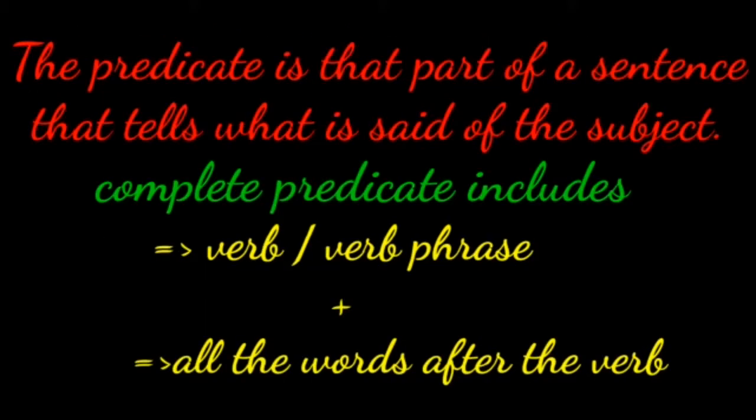Now we are moving to the second part, the predicate. The predicate is that part of a sentence that tells what is said of the subject. The complete predicate includes a verb or verb phrase plus all the words after the verb.